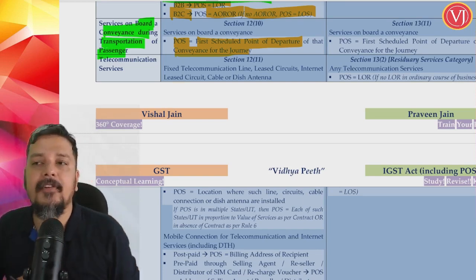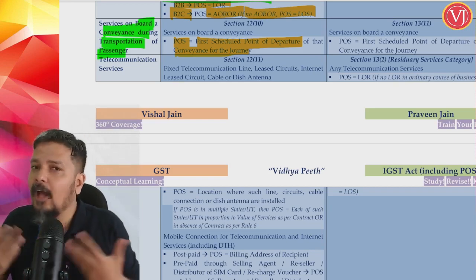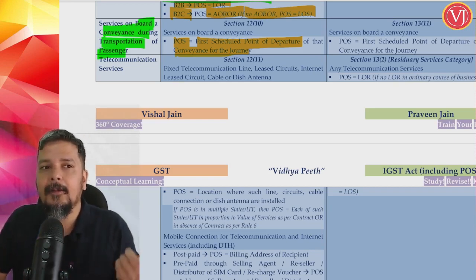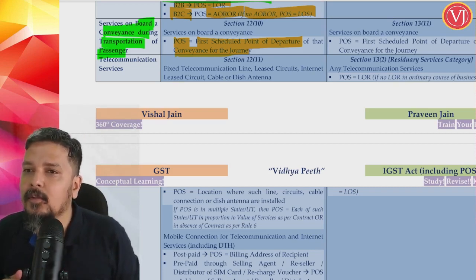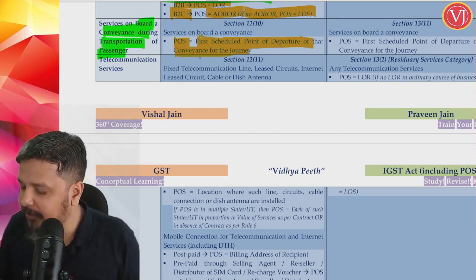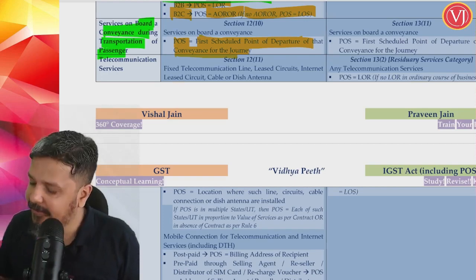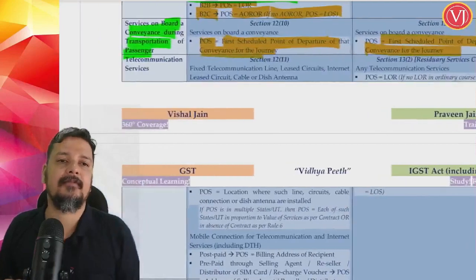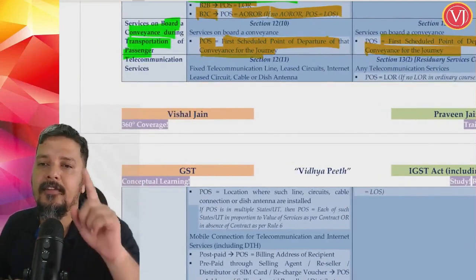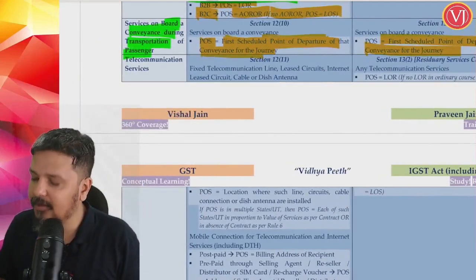Someone else may have entered at the fifth point, etc. So it is not possible to find when that passenger entered the conveyance. So what is the simple thing? Go with the first scheduled point of departure of that conveyance of that journey. The same is the answer, even in section 13. Go with what? First scheduled point of departure of that conveyance.